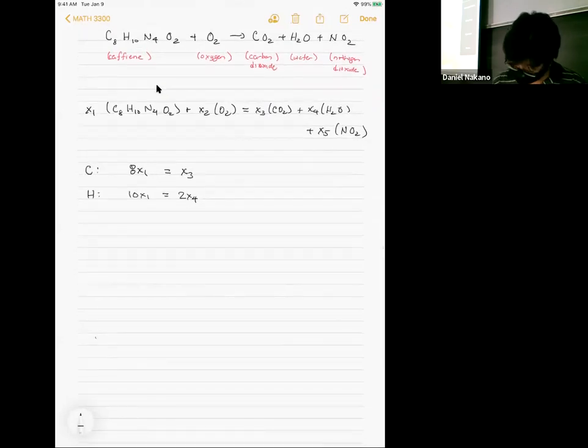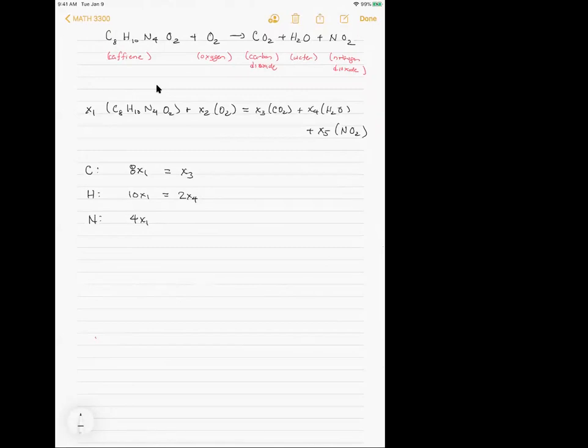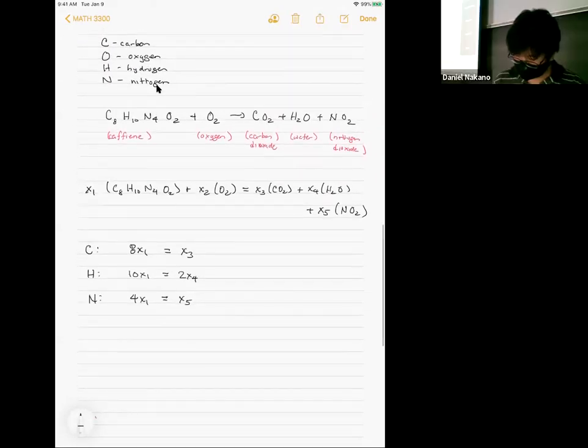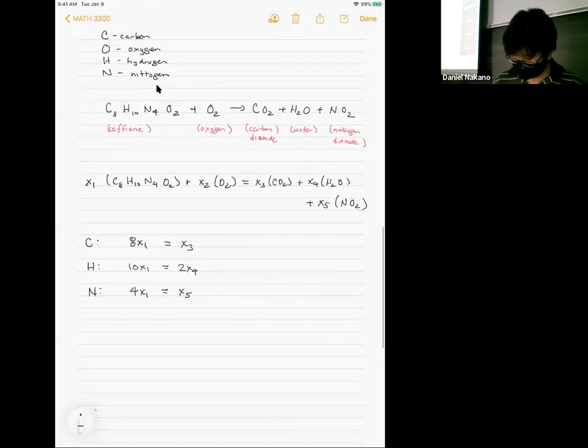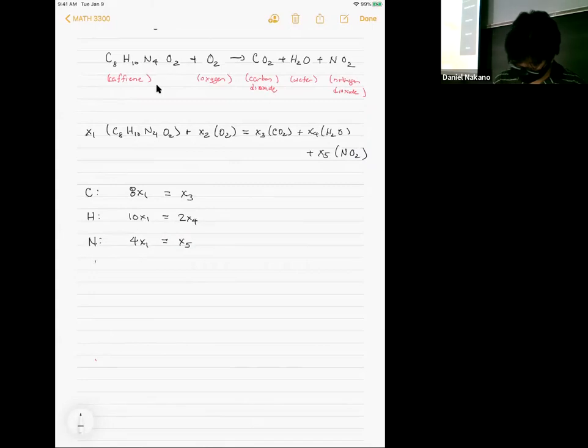Let's keep moving down. This is going to be 4x1 for nitrogen, none for x2, none for x3, none for x4. How many for x5? 1. And then we have oxygen.